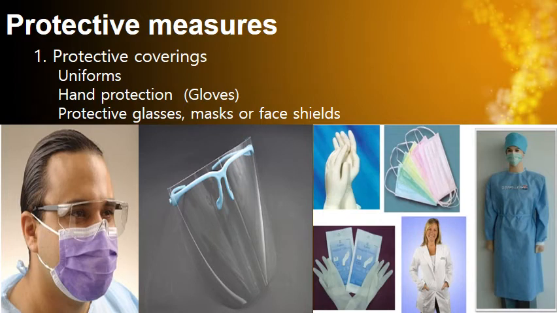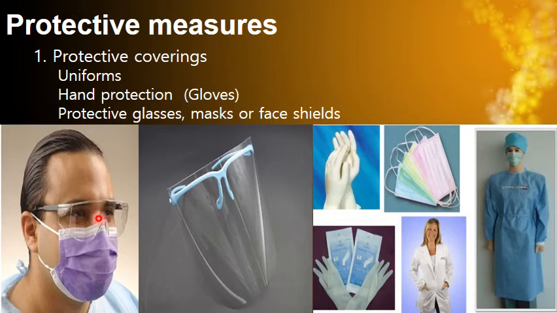What about me, the surgeon or the dentist? What are the protective measures that I should use to prevent cross-contamination? First, the protective covering, like uniforms, the lab coat or the surgical gowns, the gloves, the mask, face shield, protective glasses.